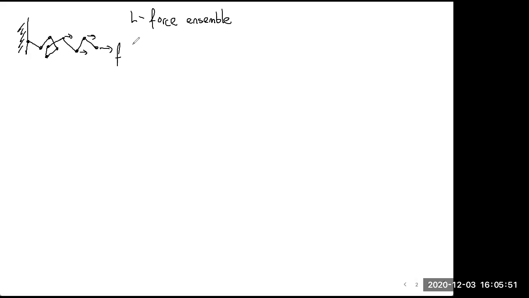What happens is we can think about a modified partition function, which is defined like this. It will be the sum over n of e to the minus beta (E_n minus F L_n). And L_n is the total length of the polymer.